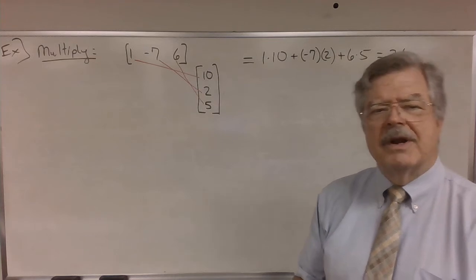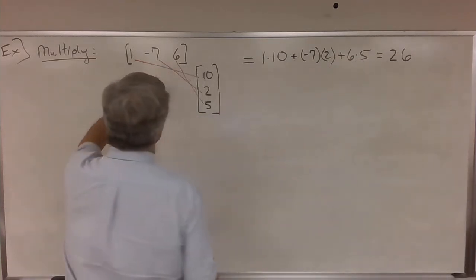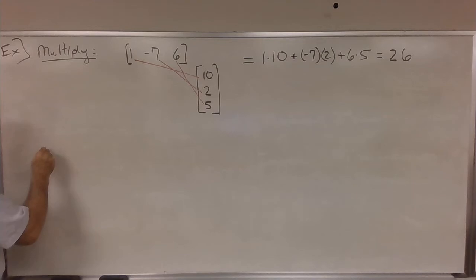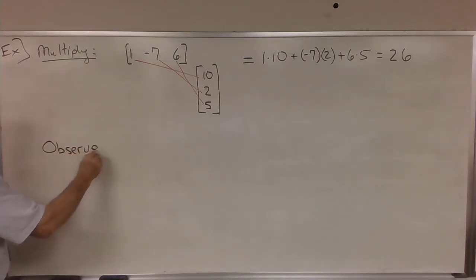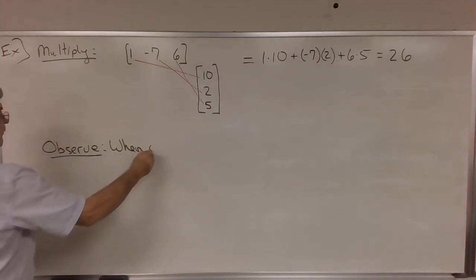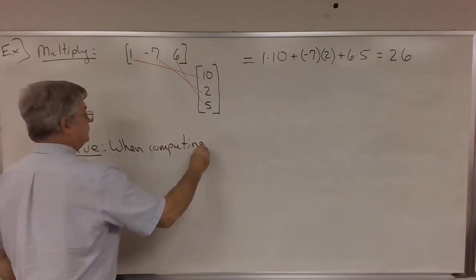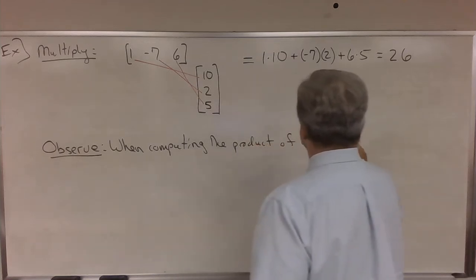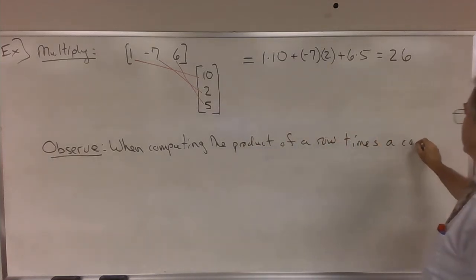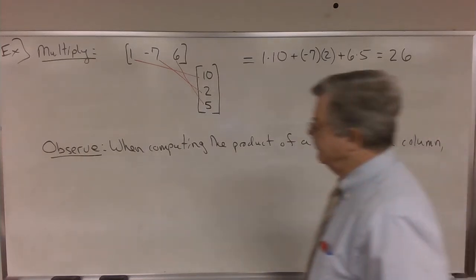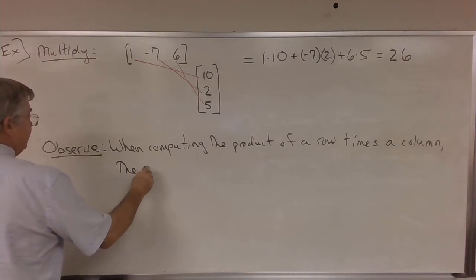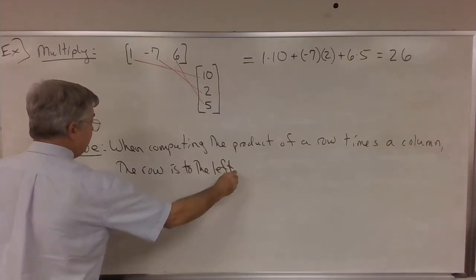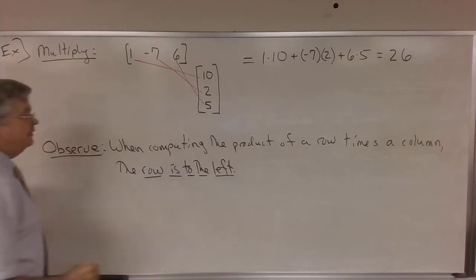Now, the reason that we wanted to look at the product of a row and a column, and I should mention this also. The row is to the left.